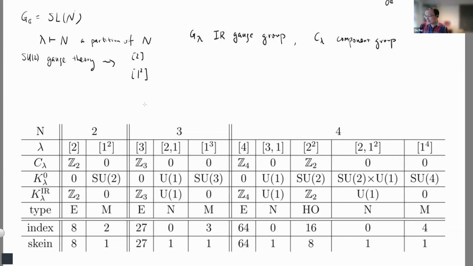So in the table, you see that for n equals 2, in one case, one has a Z2. And in fact, that's already the IR gauge group. So the infrared dynamics of this is just a Z2 gauge theory.